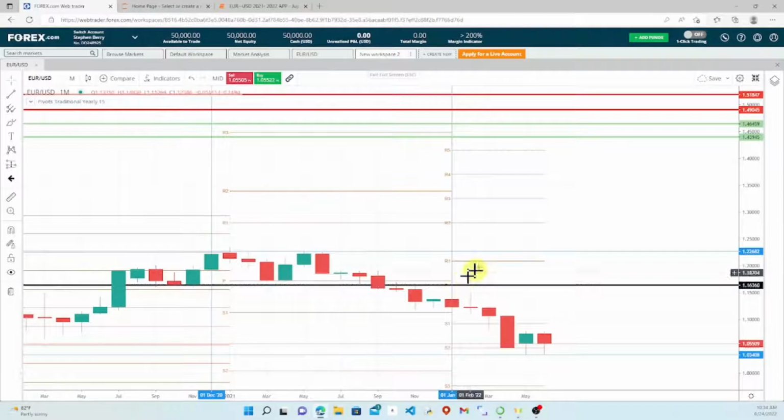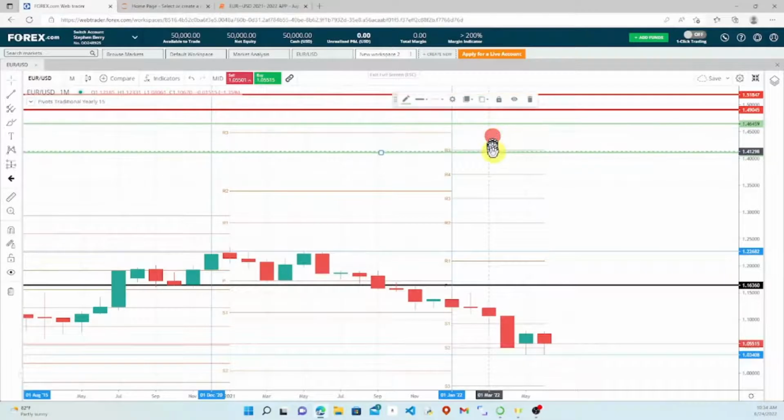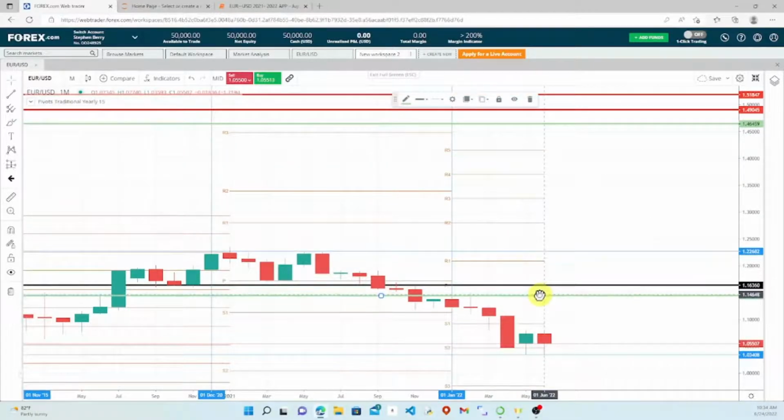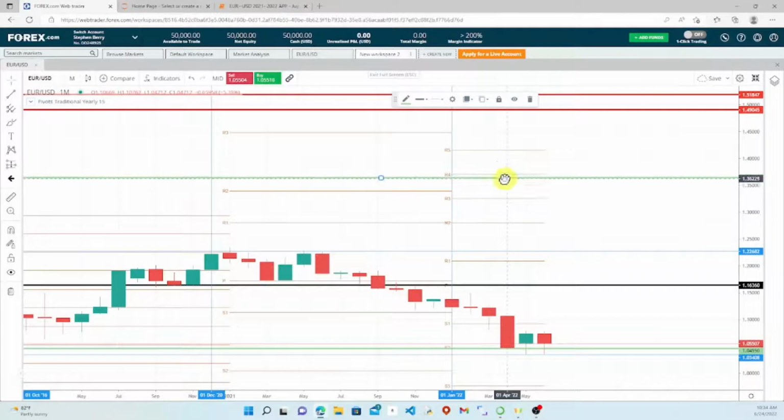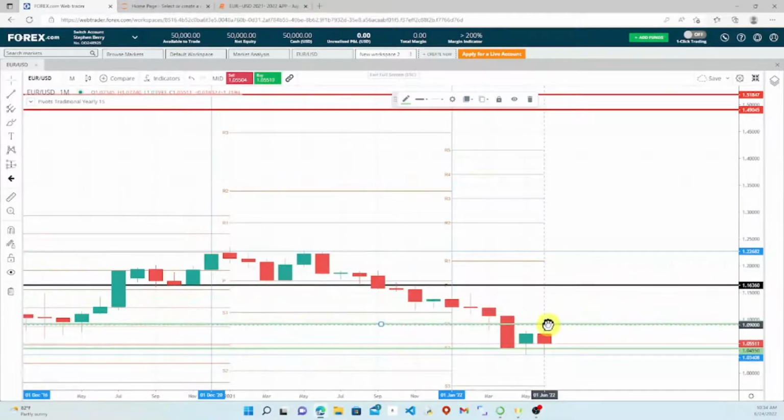So that's kind of interesting, might be a tool you could use. You can also see that it marks the other R3, R4, R5. Okay, so what I'm going to do to save time is I'm going to take my lines and put them right on their pivot lines. So that's S2. We'll put in S1.